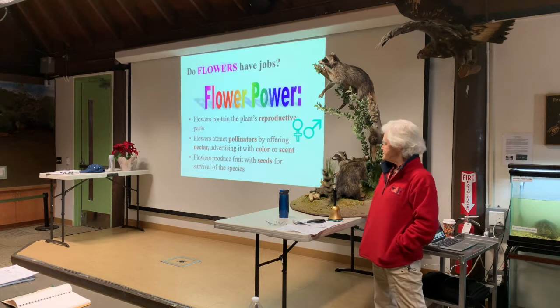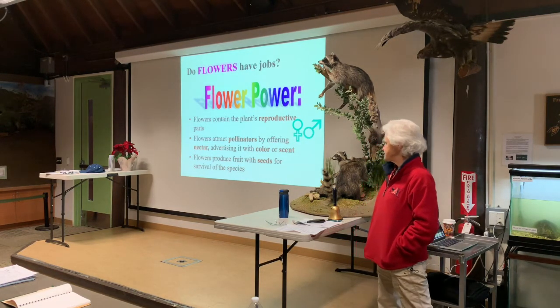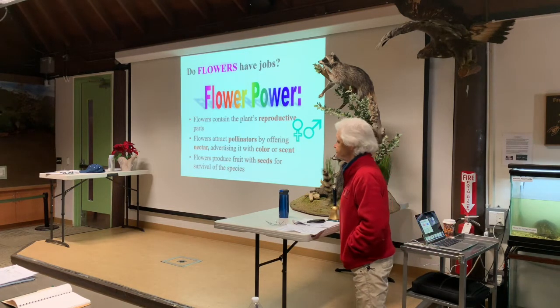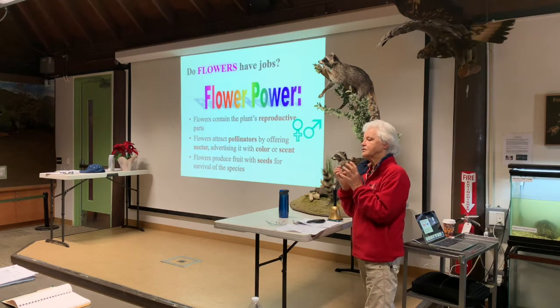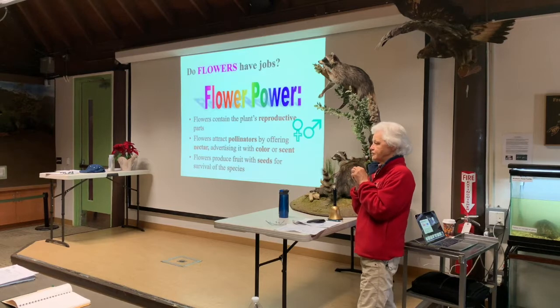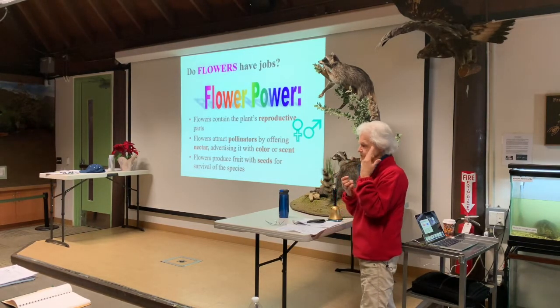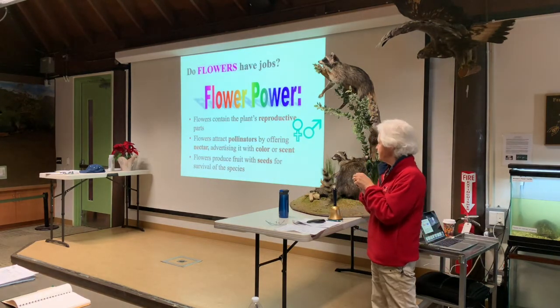And then once they are pollinated, the flower can produce the fruit, which is, in a botanical sense, anything that contains the structure that contains the seed. So when botanically we talk about fruit, it's not just an apple or a pear that we are used to buying in the supermarket and eating.